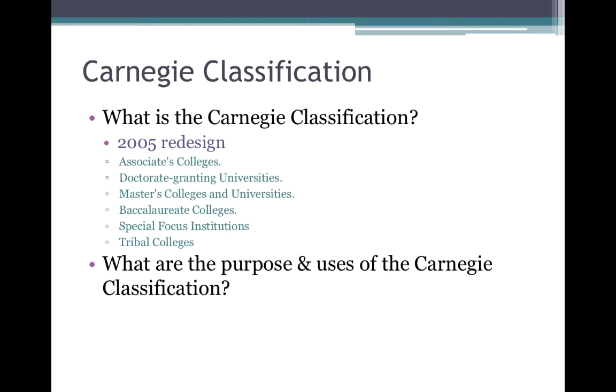So I'm not going to spend a lot of time on the Carnegie Classification, but I do want to highlight that one of the key purposes of this classification has been to assist those conducting research on higher education. And that's partially why I think it's a really valuable tool for you to know about, because researchers really do need a way to reference the great diversity of colleges and universities in the United States.